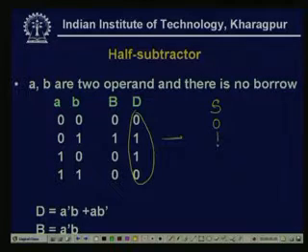For the sum also it is 0 1 1 0. This we have already seen in the last class: it is nothing but a 2 input XOR, A dash B plus A B dash.